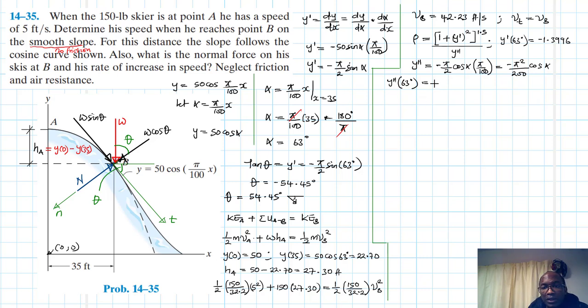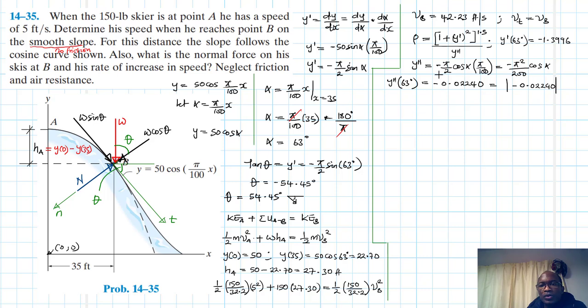So we get a minus 0.02240. For this we always use the modulus, the absolute value.